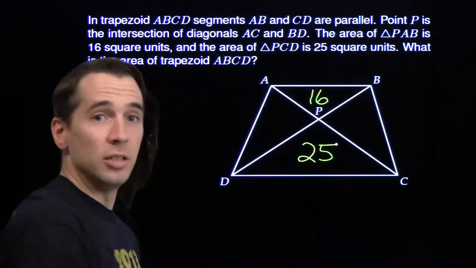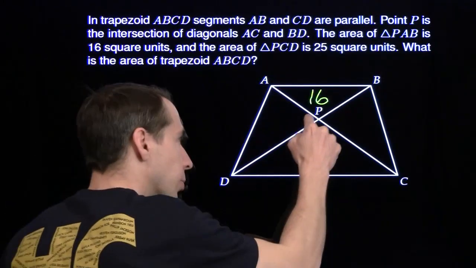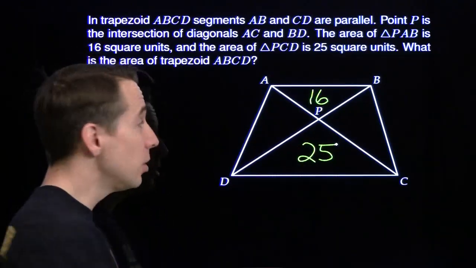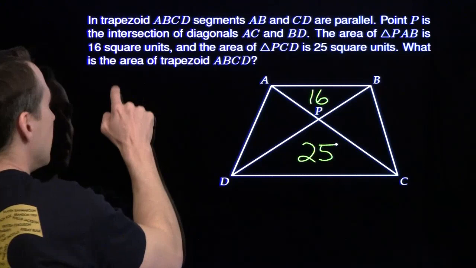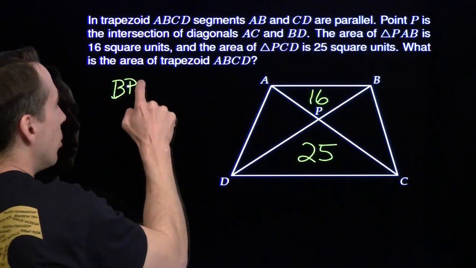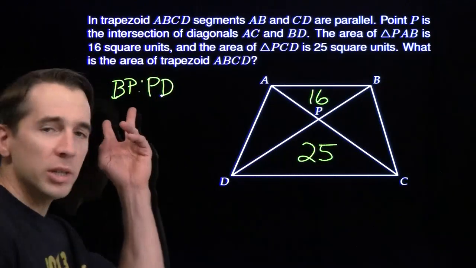Because to get the areas of these two triangles, we just multiply this base by that altitude and divide by 2, and multiply this base by that altitude and divide by 2. You have the same altitude, so the ratio of the areas is just the ratio of these two bases.